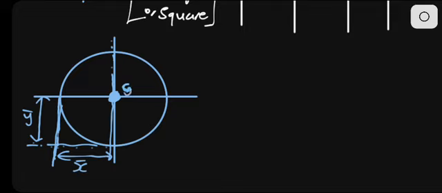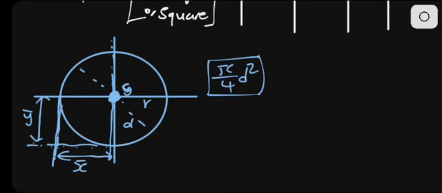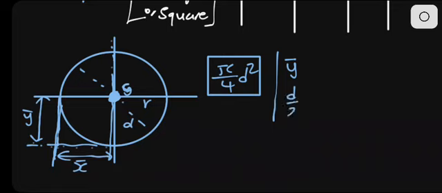Remember, this is simply our radius. Then we can draw a diameter there. So anyways, there is our centroid, the center. Calculating the area of the circle cross section is pi d squared over 4, right? This is our area. To find y bar, it will simply equal the diameter divided by 2, right?